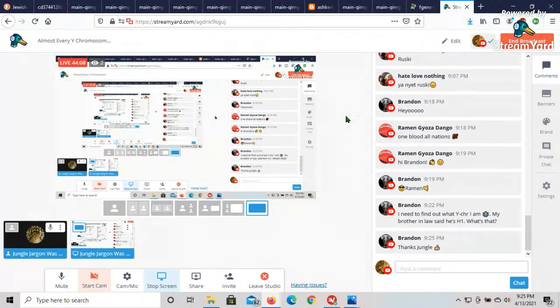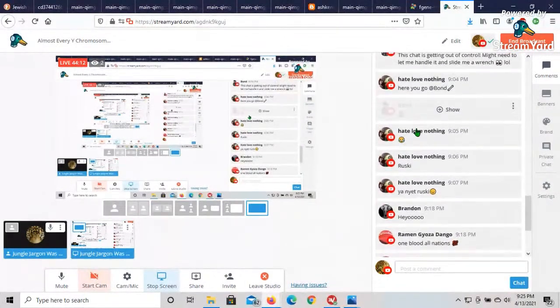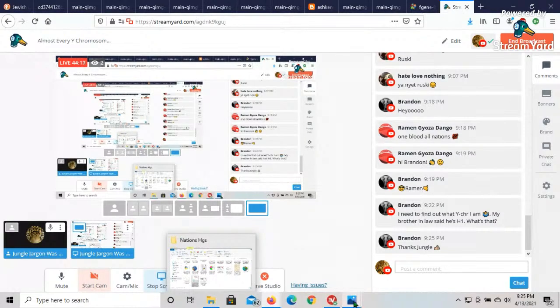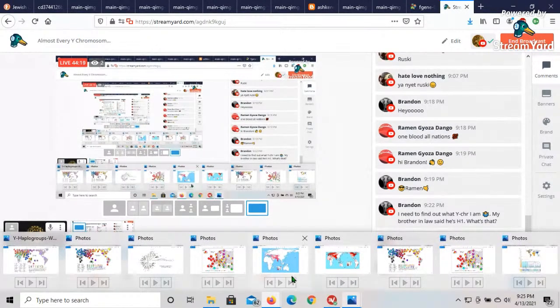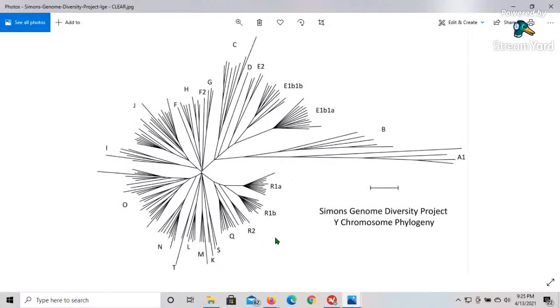So let me just go ahead and go through them again real quick. Let me see. Actually, I got it here. Is this it? Yeah. Okay, so the Simmons Genome Diversity Project Y chromosome phylogeny.